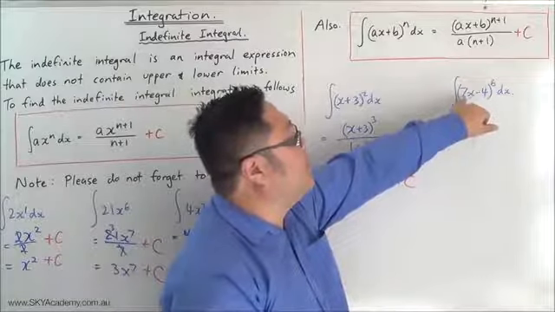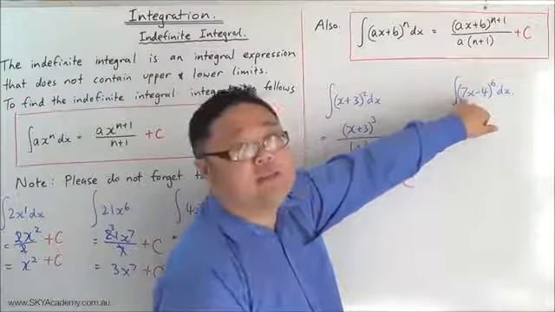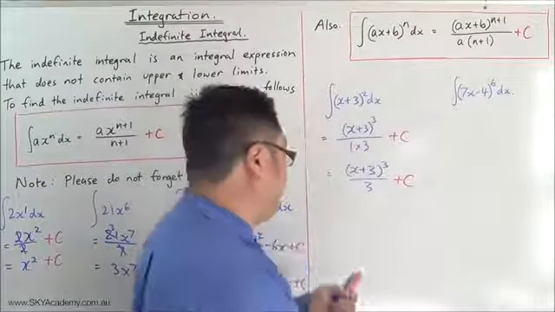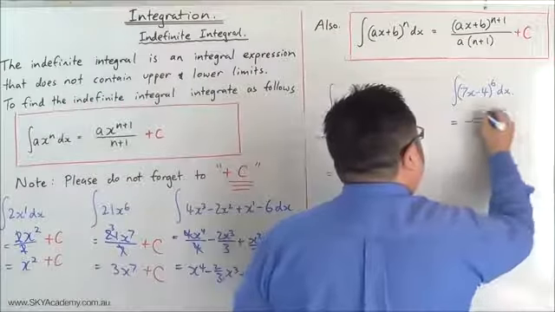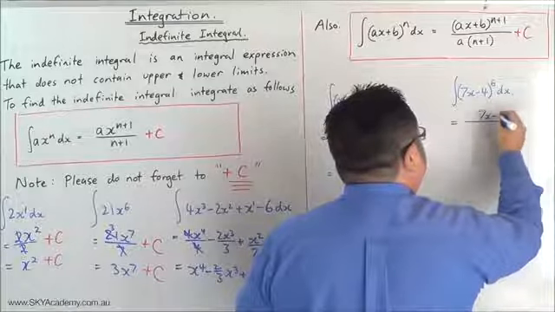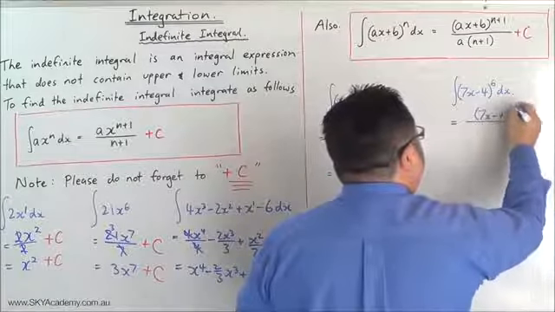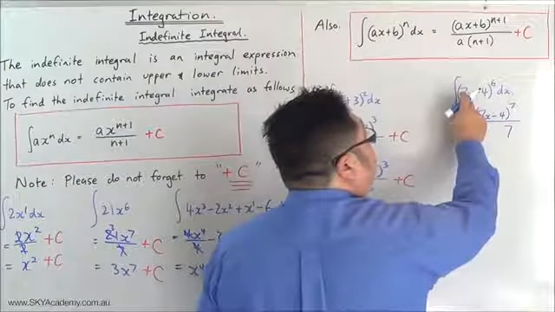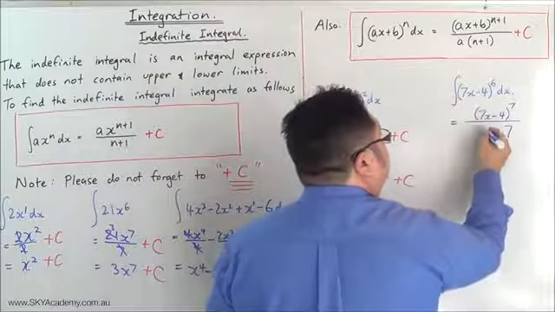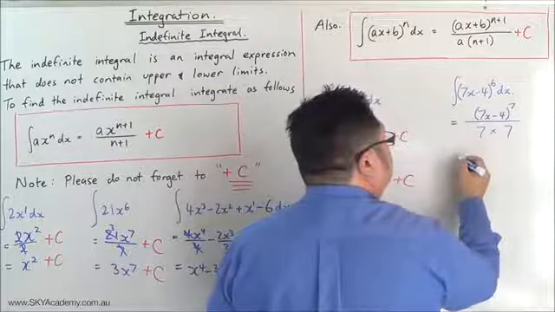Okay, let's do this one here. This time we've got a coefficient for the x, and you'll see how we treat it. Okay, so 7x minus 4 all to the raised power of 7, divide by the raised power, and we also need to divide by the coefficient, which is also 7.